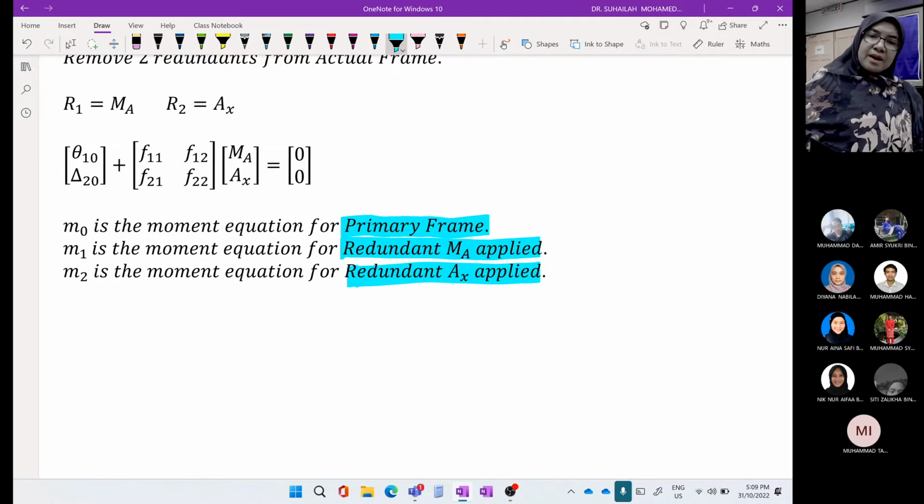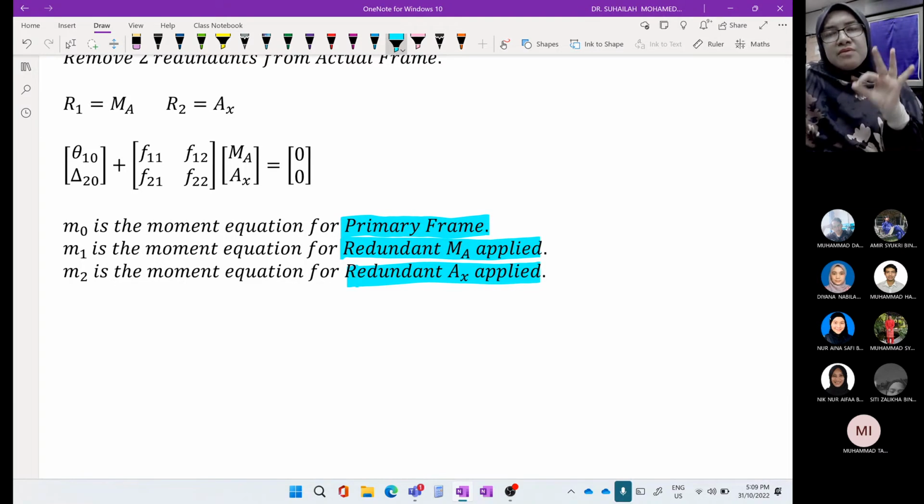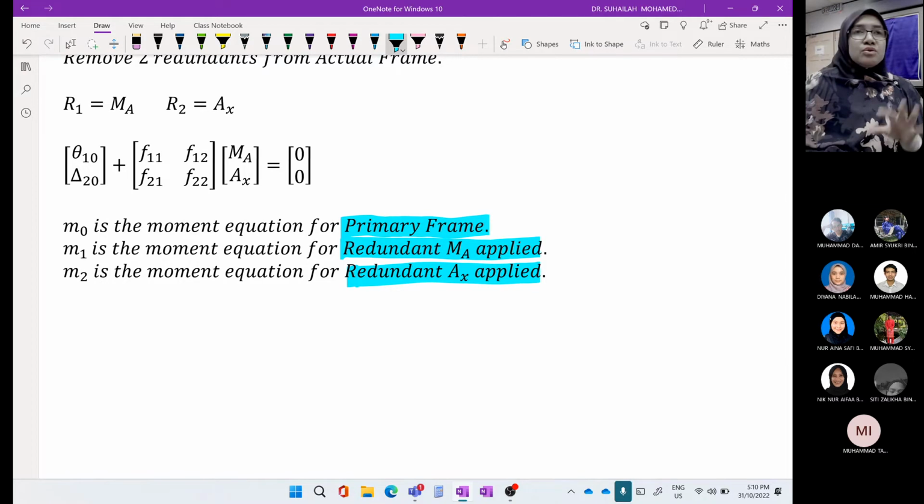Okay, it means that for these three systems, it must have the same type of frame with the same support system. These three frames are determinate frames with the same support, and the difference is only due to loading. So you have to understand the characteristic of each one.